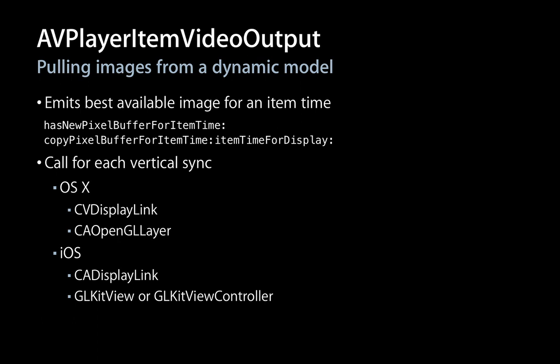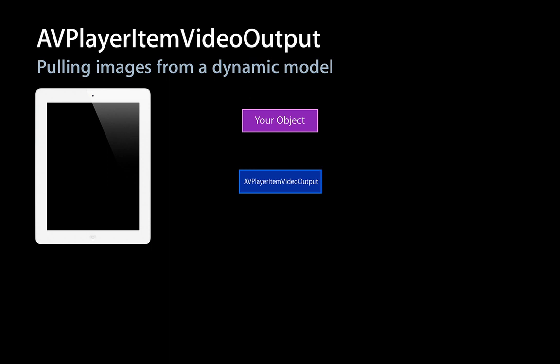And each of these services guarantees to you a callback to your application that's at the same lockstep frequency as the vertical sync on your hardware. Here's a picture that describes this. As a device is displaying the most appropriate image for host time T0, you get a callback that prepares your application, prepares your object for the next vertical sync at T1.